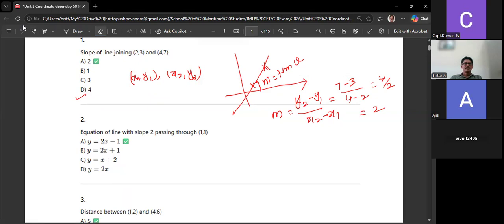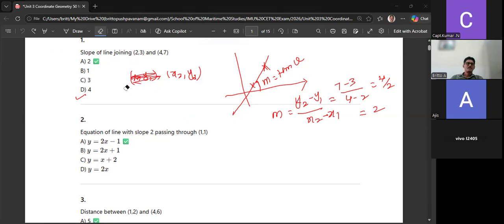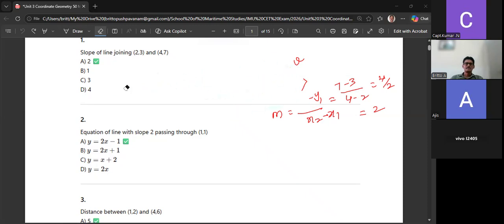Next one. Equation of the line with the slope 2 passing through the point 1, 1. Right? Now you are given the slope, which is m equal to 2, and the point it passes through.